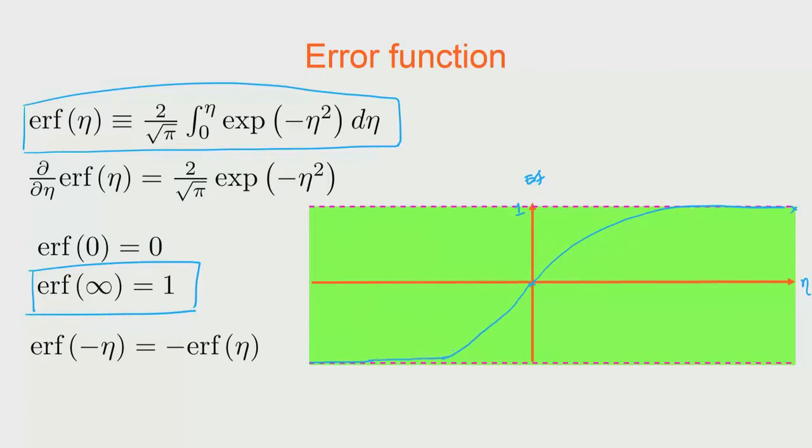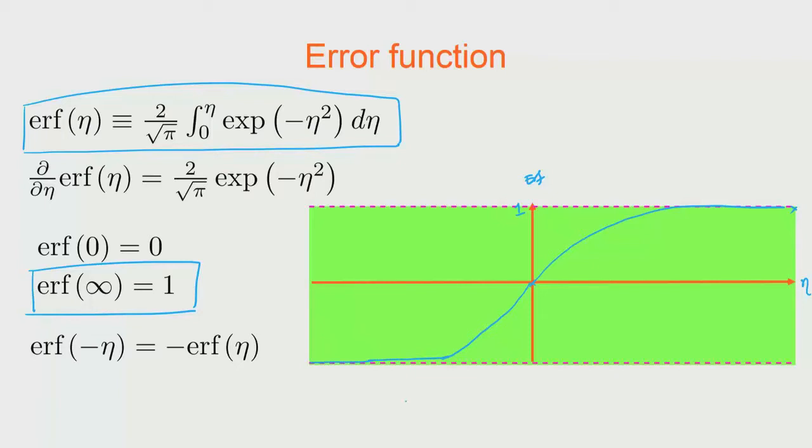This is how the error function looks, and you can see that the slope at 0 is immediately given here, and the slope at infinity would be flat, because e raised to the power of minus η² as η goes to infinity is 0, and e raised to the power of minus η² at η equal to 0 would be some number, and that number is the slope that you are seeing here.